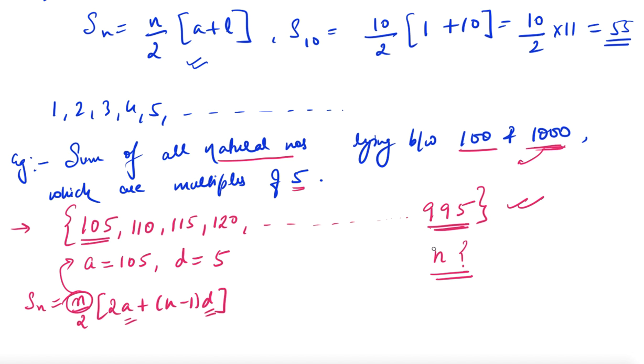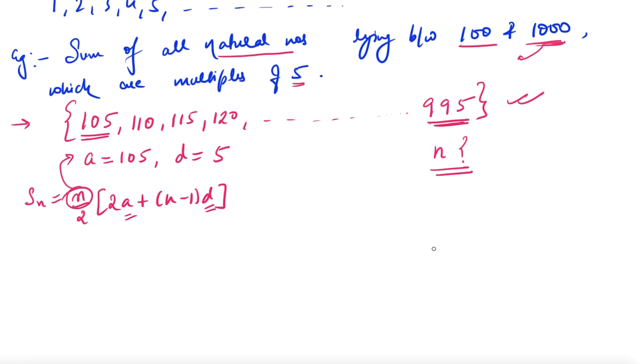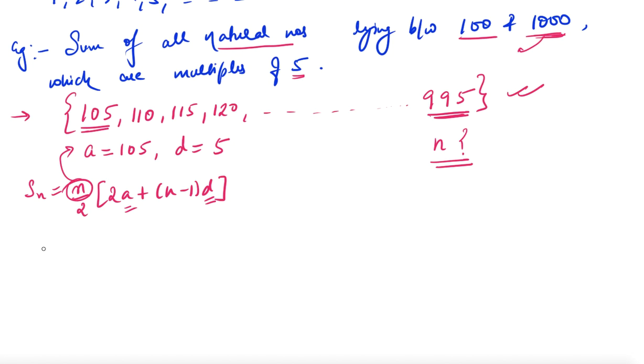Now you know that the formula of the nth term of an AP is given as Tn is equal to a plus (n minus 1) times d. Now my Tn is 995, so I'll put it here. a I know, 105, n I need to calculate, and d is 5.